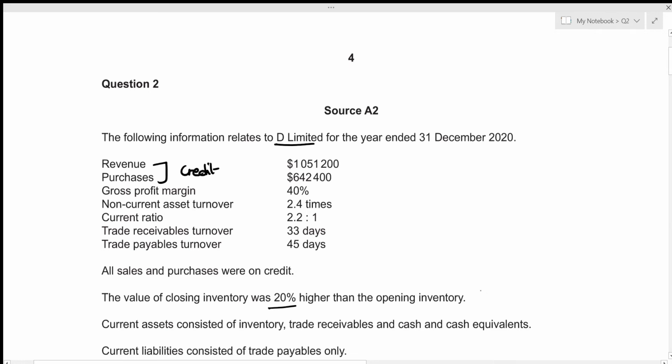So this just means that the closing inventory is the opening inventory plus 20% of that, so that's 0.20 times opening inventory. We can write it down as closing inventory equals 1.20 times opening inventory. Then the current assets consisted of inventory, trade receivables, and cash equivalents, and current liabilities consisted of trade payables only.